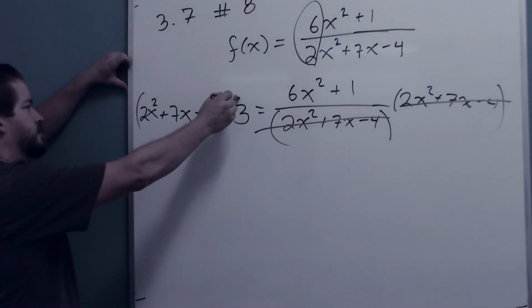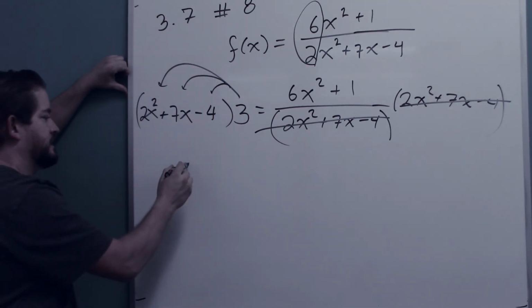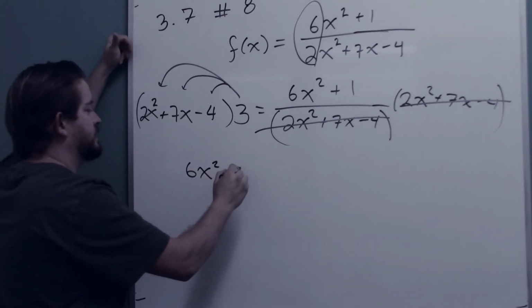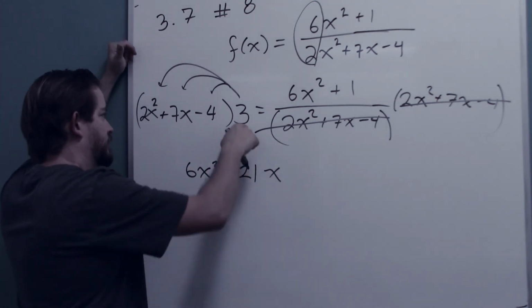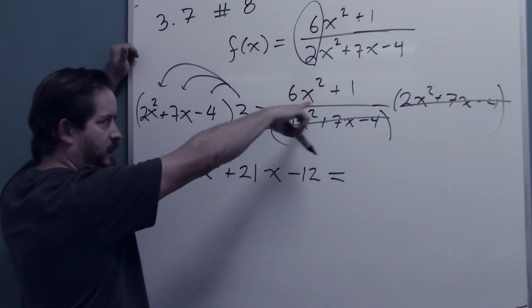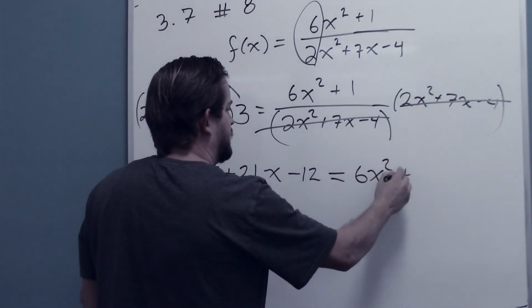Over here I'll just take this 3 and distribute it through to everything. So that gives me 6x squared plus 21x minus 12 equals, all of that's gone except I've got the 6x squared plus 1.